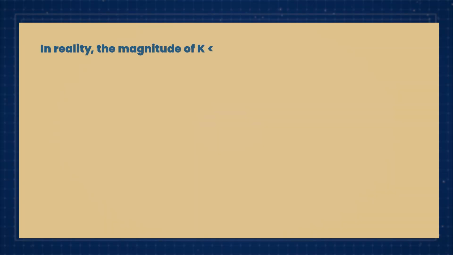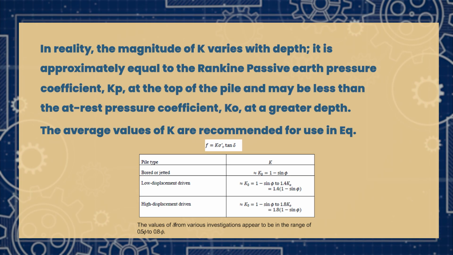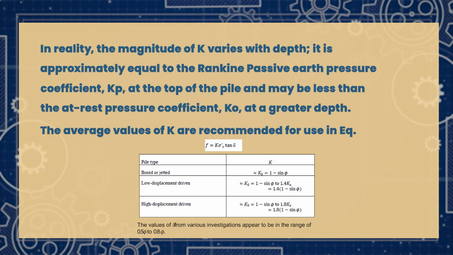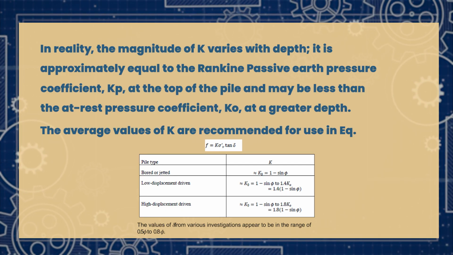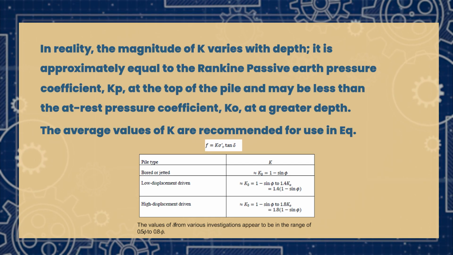When we talk about K, it is related to the Rankine passive earth pressure. For different types of pile it will be K naught equals 1 minus sin phi for bored piles with low displacement, 1.4 into (1 minus sin phi), and for high displacement driven piles 1.8.